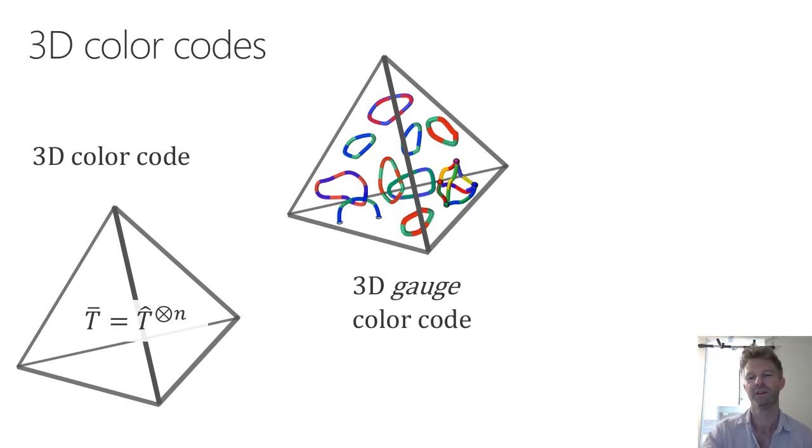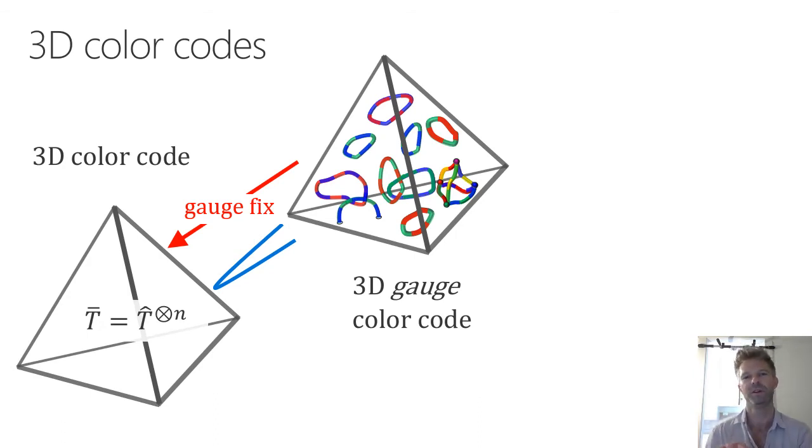Moreover, if you have some state of the 3D gauge color code that's not necessarily a state of the subsystem color code, you can, in principle, measure the additional stabilizers which are not satisfied and apply some fix operation to ensure that they become satisfied, and that will allow you to move into the subsystem color code. So that starts to sound useful. It's allowing us to move from one version of the 3D color code to another.